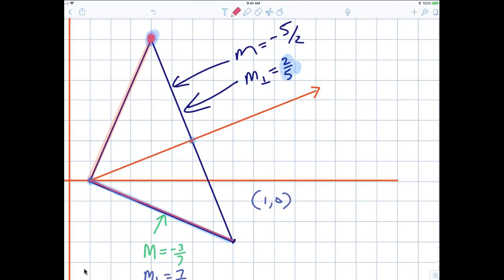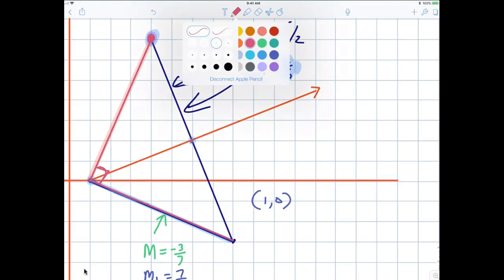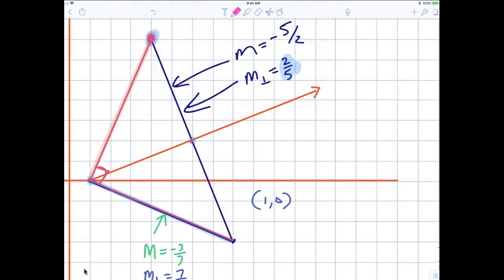And it's just this one. So that right there is a right angle.